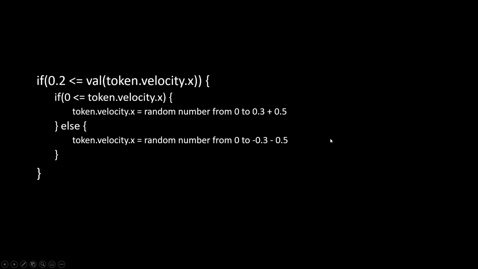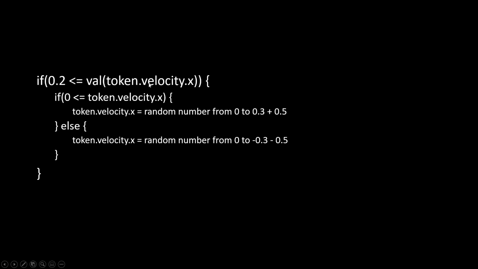Now, before I move on, I just want to quickly explain what the absolute value of a number is. So for a positive number, the absolute value is just the number, but for a negative number, its absolute value is also the number but without the minus sign. And now we get into the randomness of token bouncing.